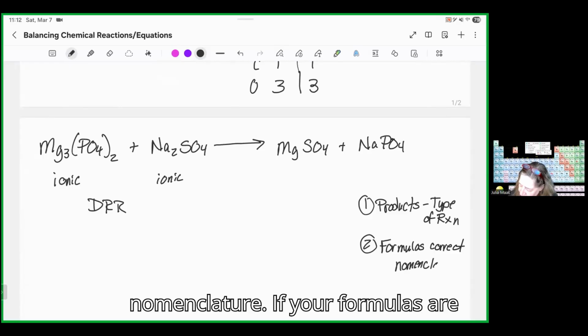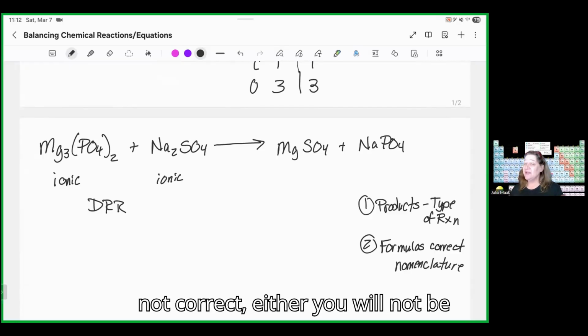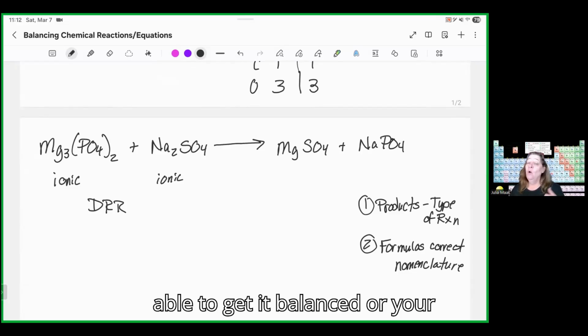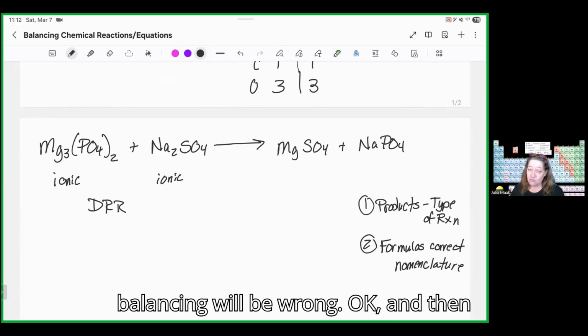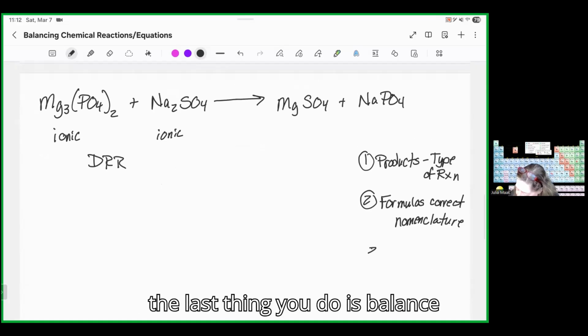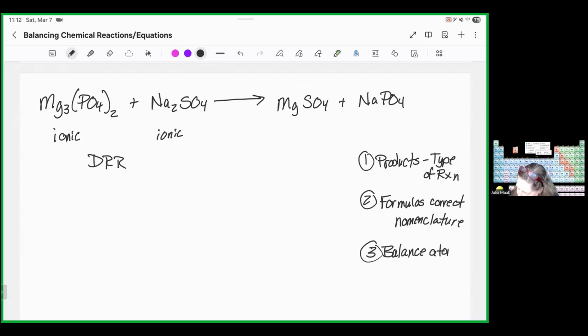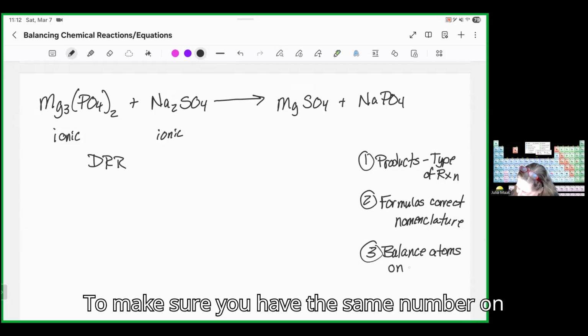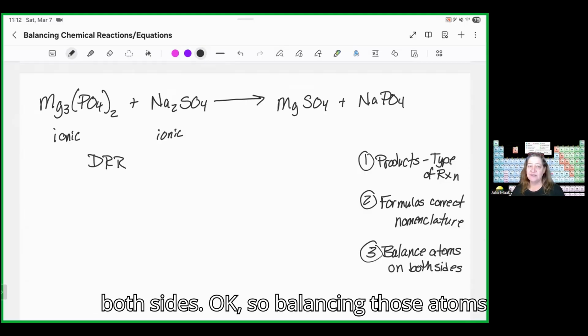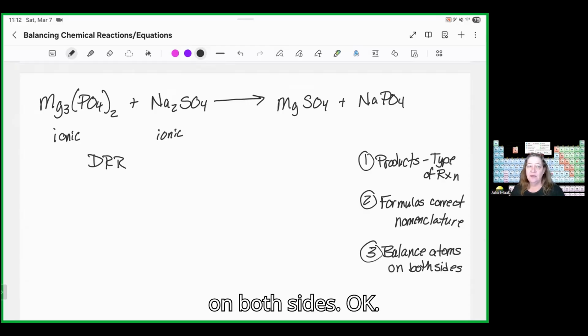If your formulas are not correct, either you will not be able to get it balanced or your balancing will be wrong. And then the last thing you do is balance the atoms on both sides to make sure you have the same number on both sides.